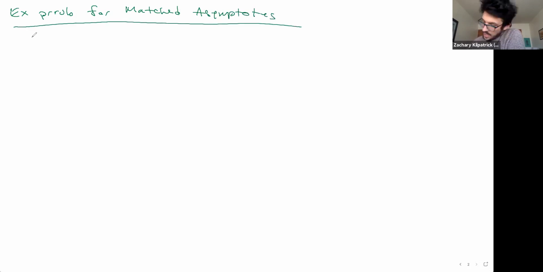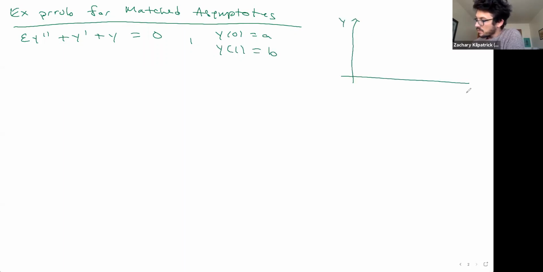And we found that for our example problem, the following boundary value problem has a boundary layer on the left, such that we can match this left-hand boundary.